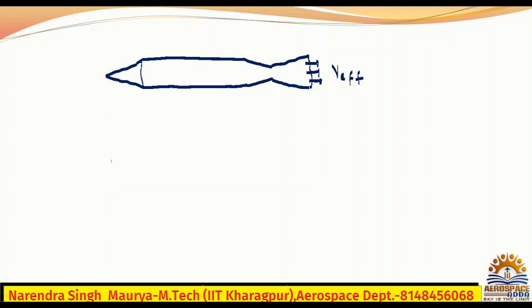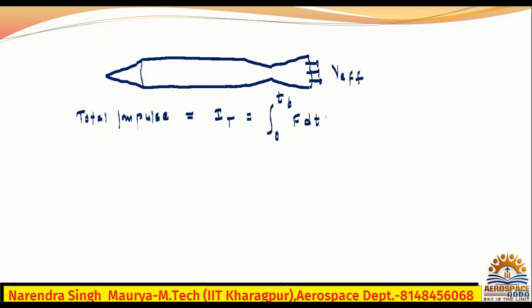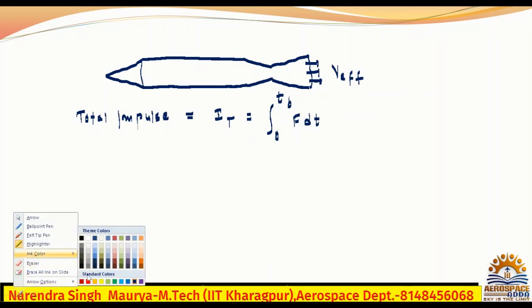Now for this rocket, what is the total impulse? That is IT, the integral from 0 to TB of F dt, where F is the thrust. TB is the burning time for the propellant.